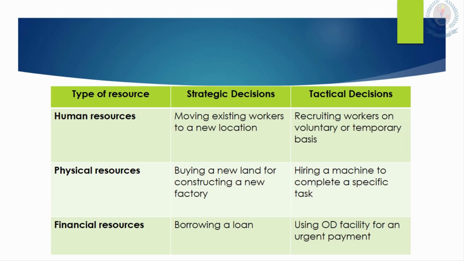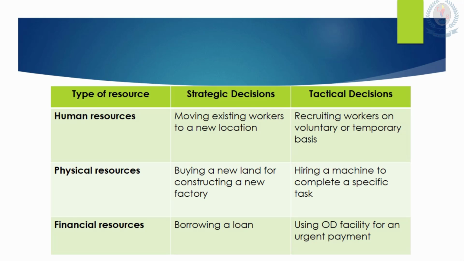When we consider the resources of a company, what types of resources can you identify within a company? We can identify human resources, physical resources, financial resources. No? What are the human resources? The labor, the staff, our employees. Then what about the physical resources? They are the machines, equipment, land, vehicles, no?